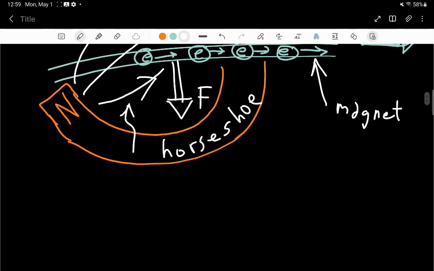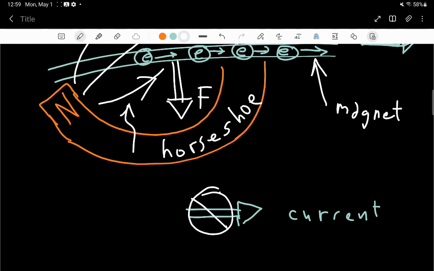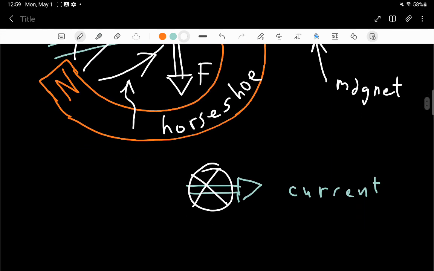So let me summarize. The current is this way. The magnetism is into the page, so it's inwards. And then the force is downwards.